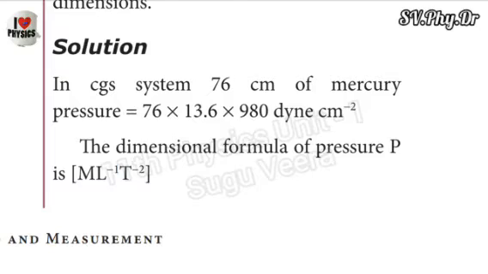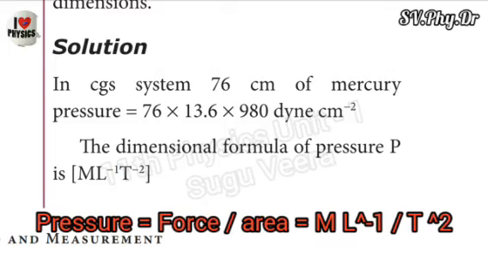The CGS unit of pressure is dyne per centimeter square and the SI unit of pressure is Newton per meter square. The expression of pressure is force divided by area.